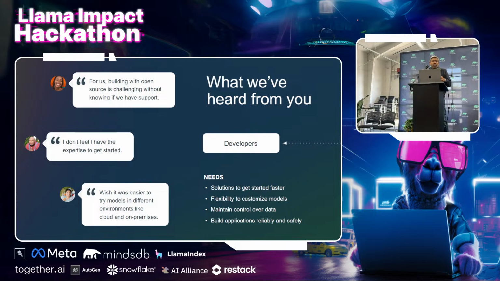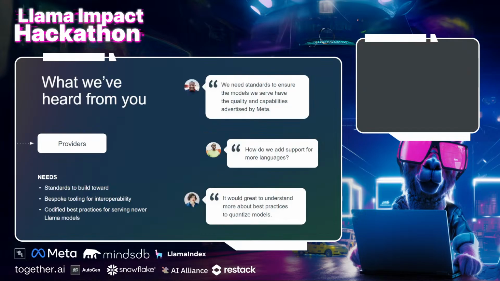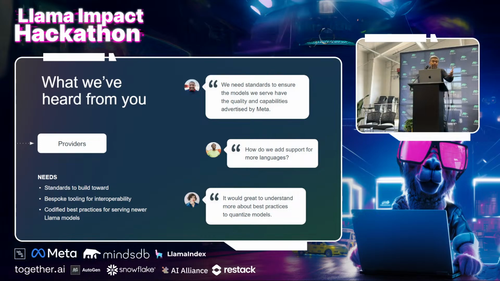We also have providers that we work with. These are folks who take our models and provide services on top of that. If you look at Together, who is a sponsor here, or Fireworks, or any of the cloud providers, they would take our models that we open source, and they would offer them to their own developers. What they found was that serving the Llama models was a fairly involved exercise.